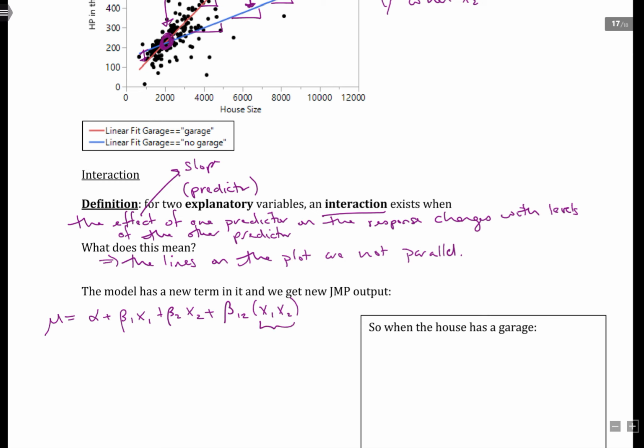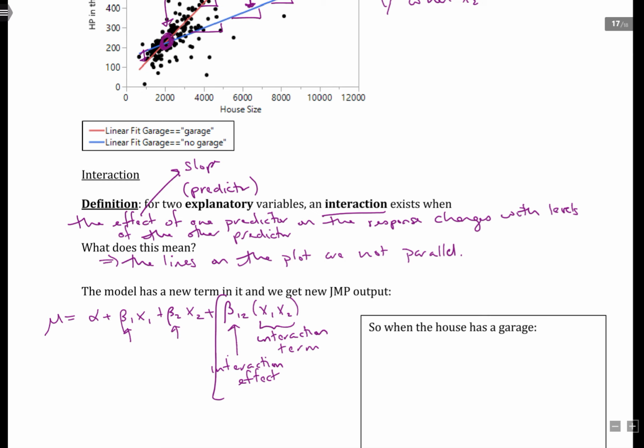So this here is called an interaction term. And this beta 1,2 is an interaction effect. So without this last term, beta 1 would just be the simple effect of x1 on the response.